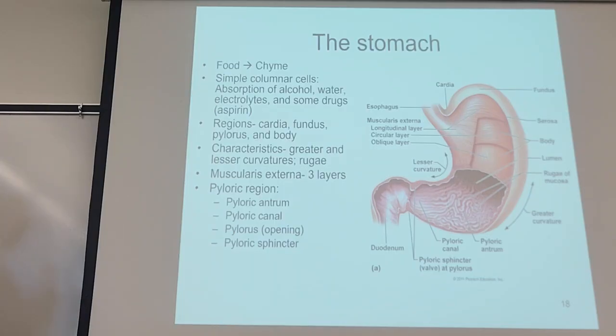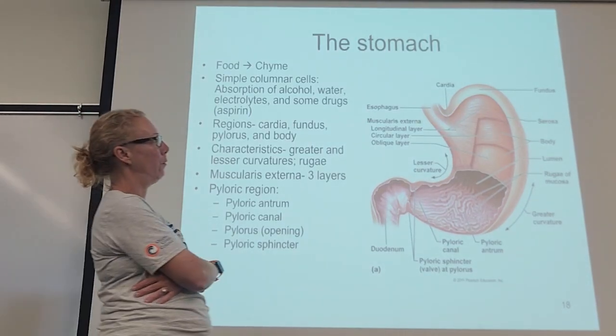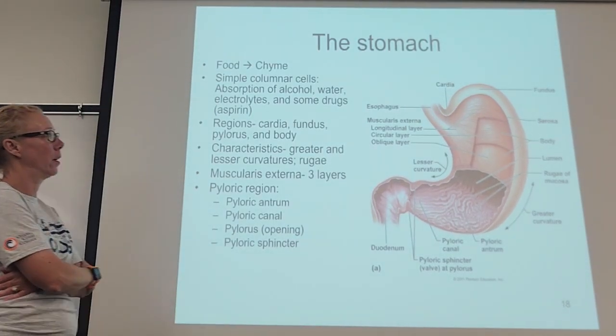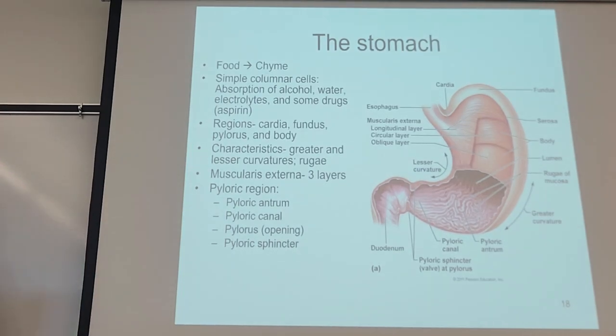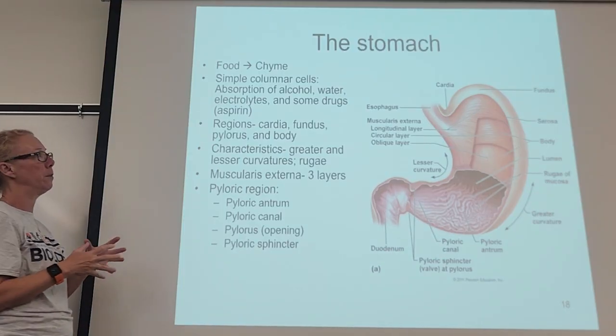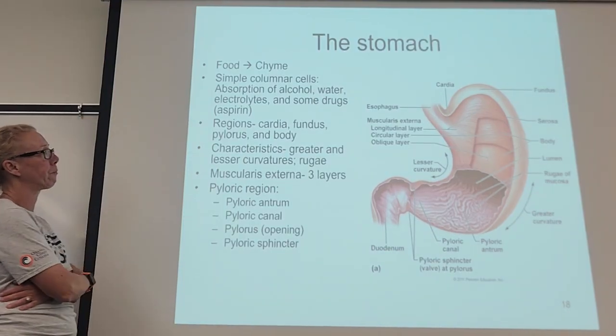All right. So, moving down into the stomach from the esophagus, when food, liquid, product, anything enters the stomach, it now changes to a substance called chyme. It's going to combine with stomach acid, mucus, and all the goodies in the stomach, and it's going to become chyme.